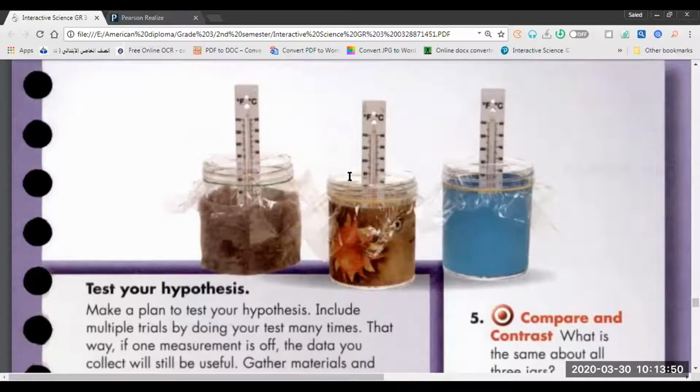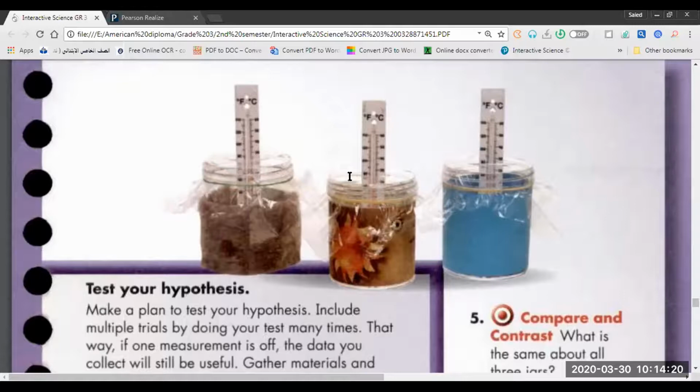So here in this step, how can you test your hypothesis? By putting what? Thermometer in each jar to check the temperature of the water in each jar. Okay, what do you think? Which jar will have more temperature, or the thermometer will record high temperature in which one?